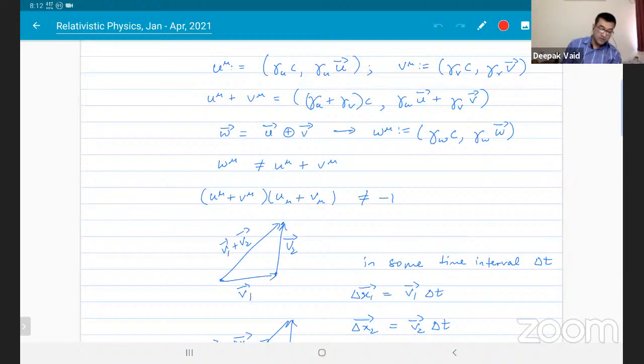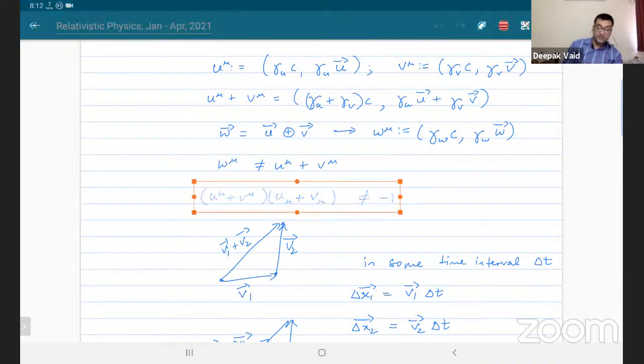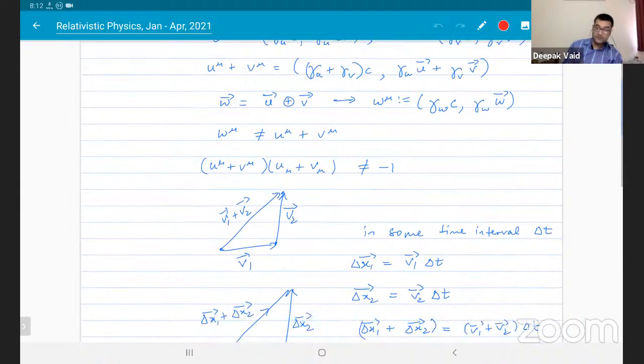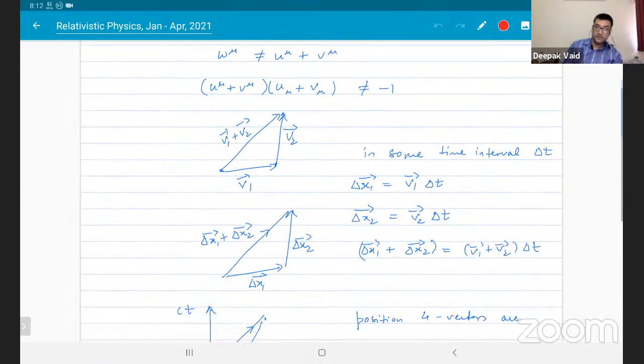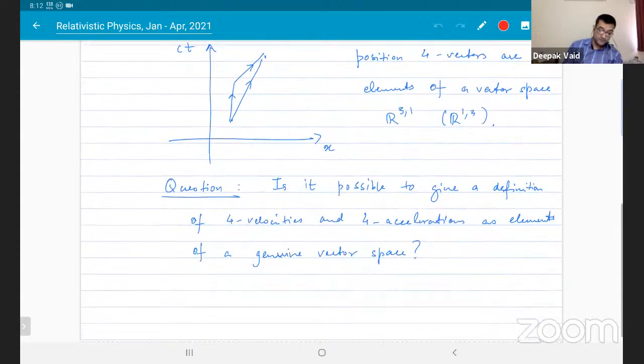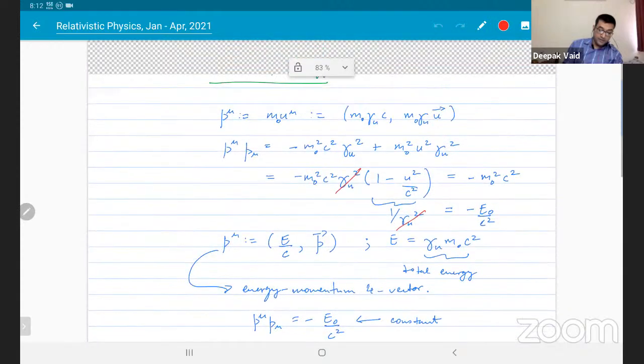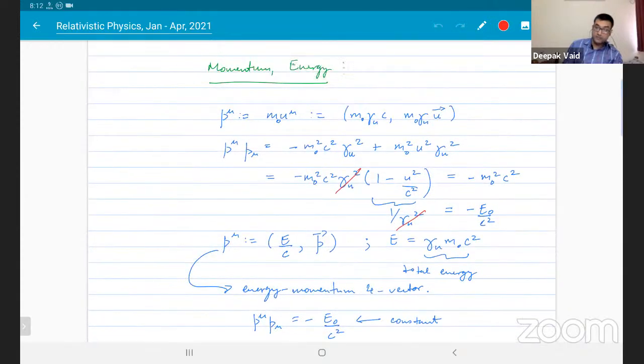So for instance, if you take two velocity vectors and you add them, then you can easily show that the resulting object does not have unit norm. Unit meaning -1 in this case. So if it does not have a unit norm, then it cannot be a velocity vector. And I started talking about the momentum 4 vector.